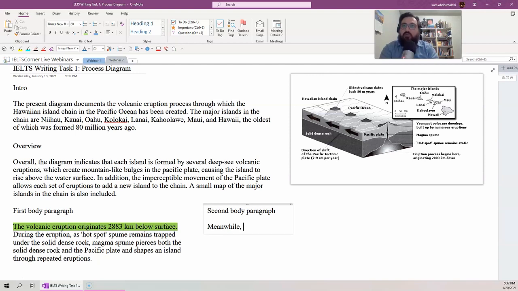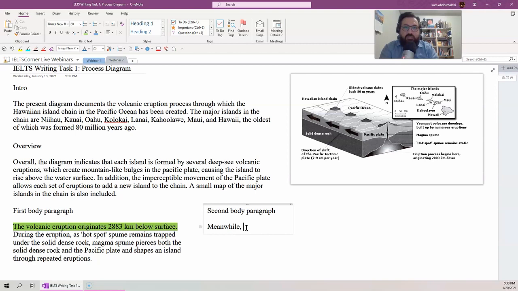Okay, so now we're talking about this movement, right? This movement here, and it's also called Pacific tectonic plate, right? And it talks about 7 to 9 centimeters per year, and it's called a shift. I want to keep that shift, right? Because I don't have a good synonym for it.